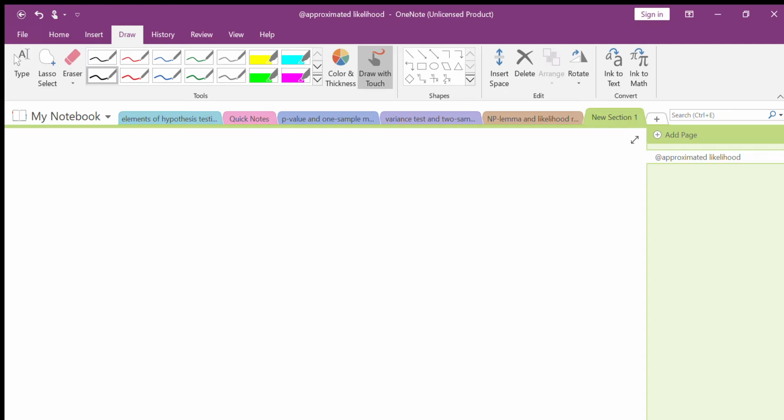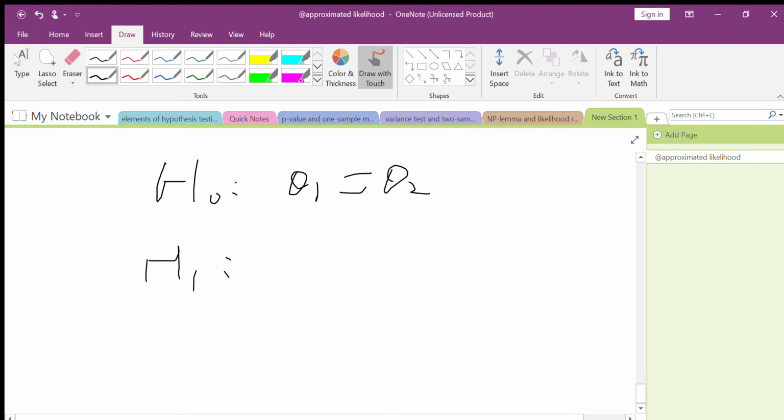And we would like to test H null: theta 1 equal to theta 2, and H1: theta 1 not equal to theta 2.